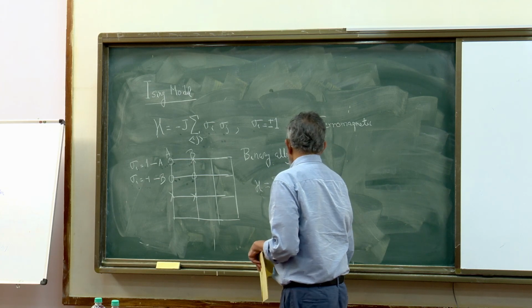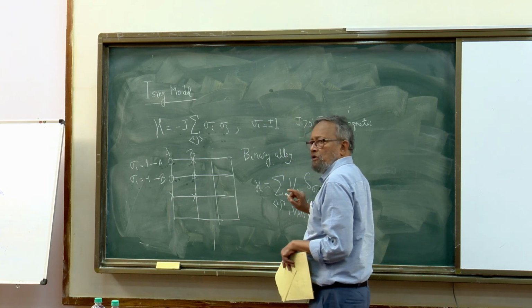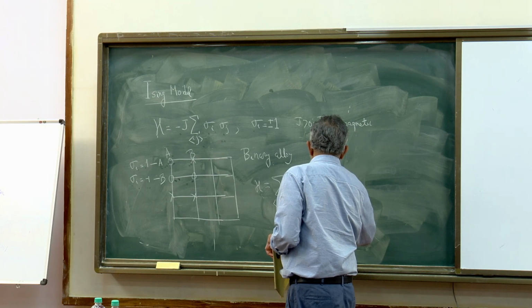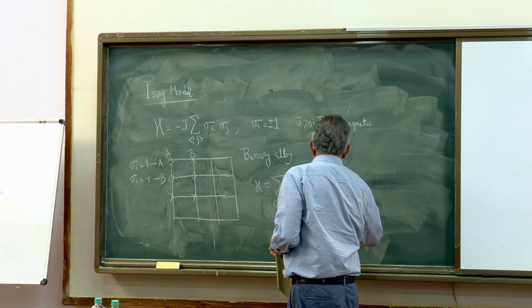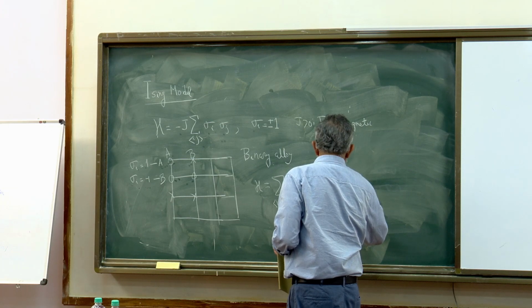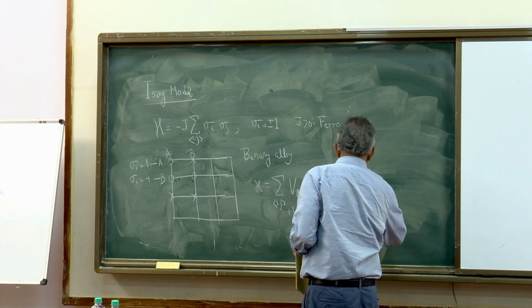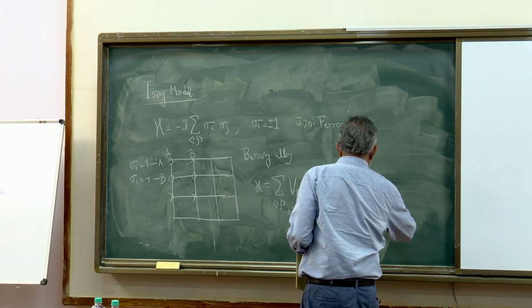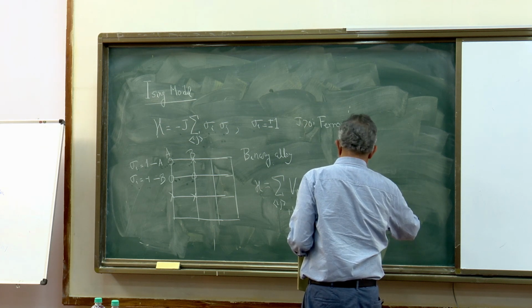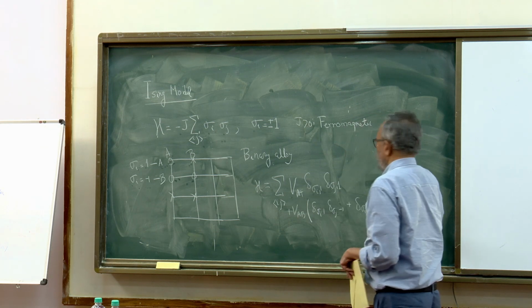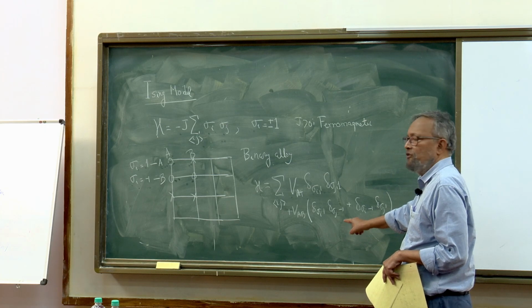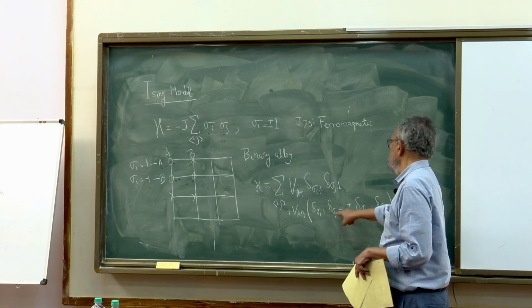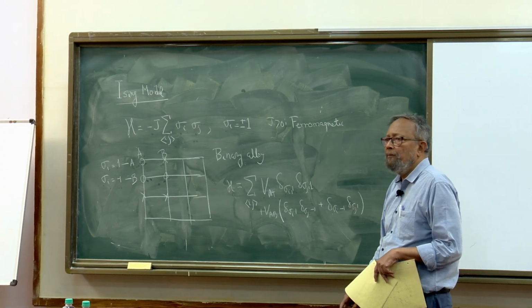AB will come with two terms, when one of them is A and the other one is B. So delta(sigma_i, 1) delta(sigma_j, -1) plus delta(sigma_i, -1) delta(sigma_j, 1).